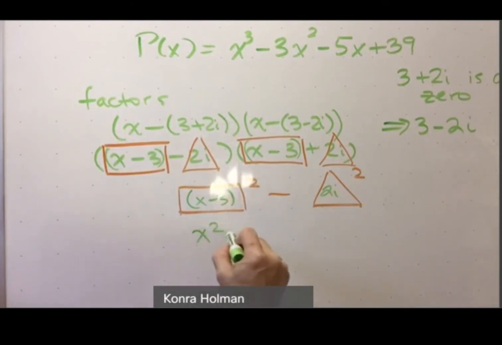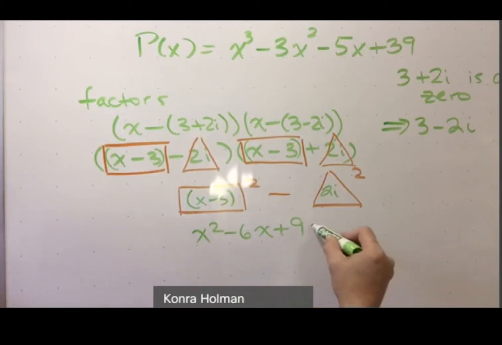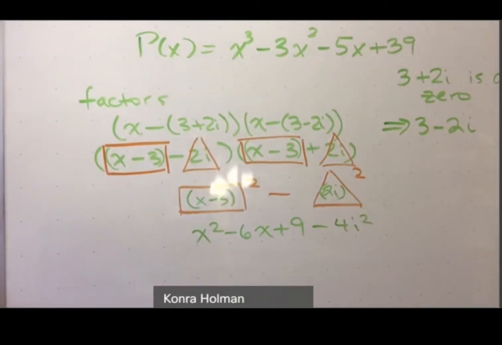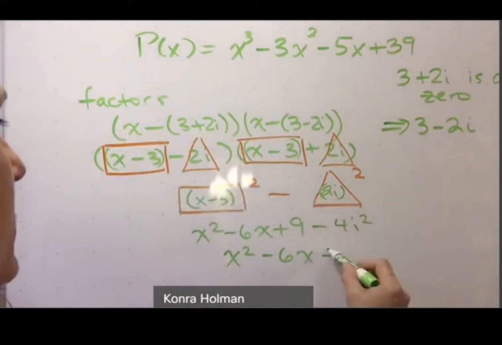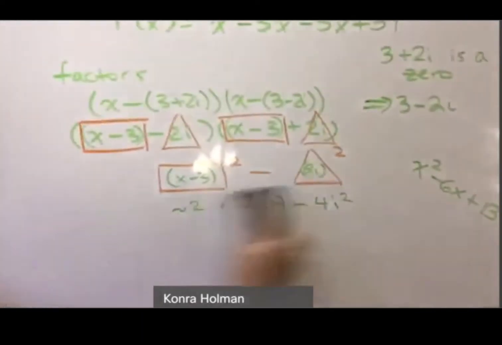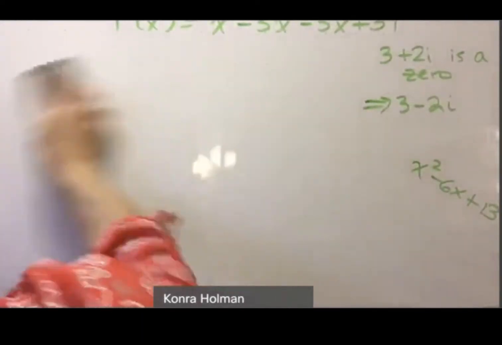And I've gotten pretty good at these. That's x squared minus 6x plus 9. And this whole thing gets squared. So that's 4i squared. Oh, and that was x squared minus 6x. And that's plus 4. So that's plus 13. What I just did is found out what those two factors multiplied up to.